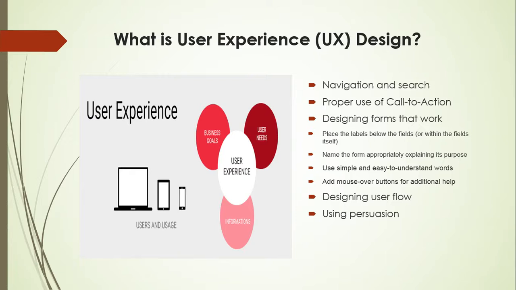The next one is using persuasion. Persuasion design is a bigger topic. Persuasion is an area of design practice that focuses on influencing human behavior through product or service characteristics. It is based on psychological and social theories.